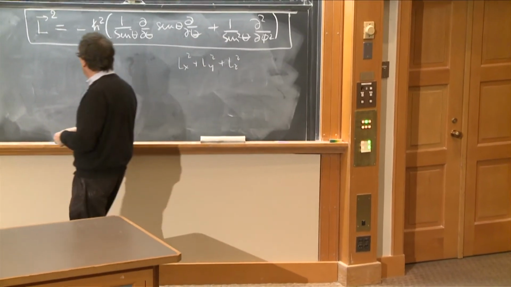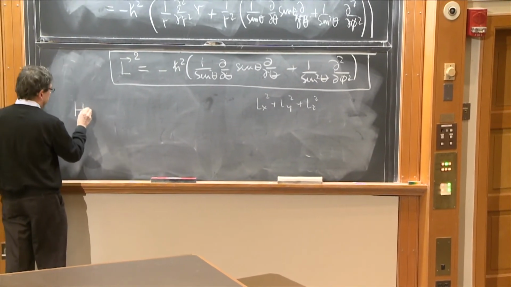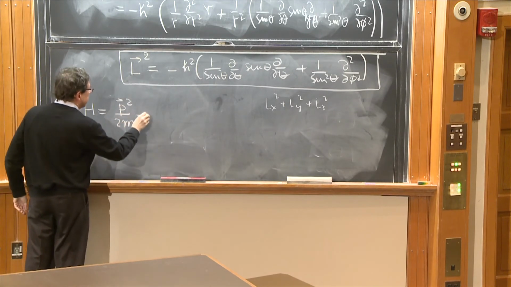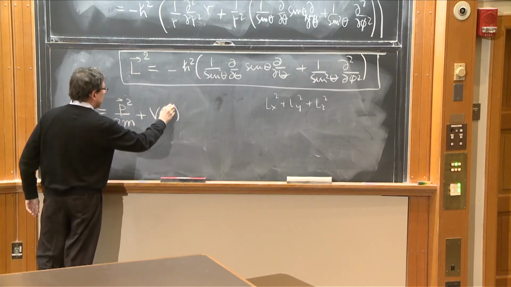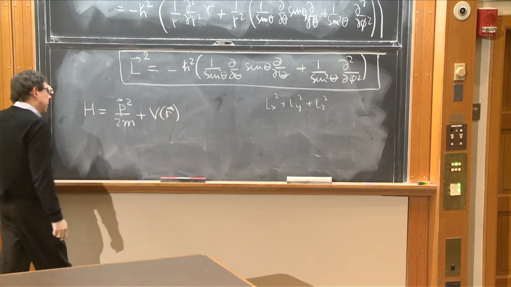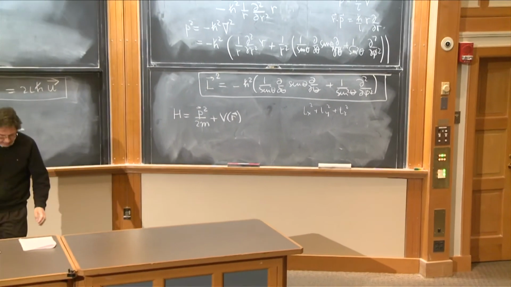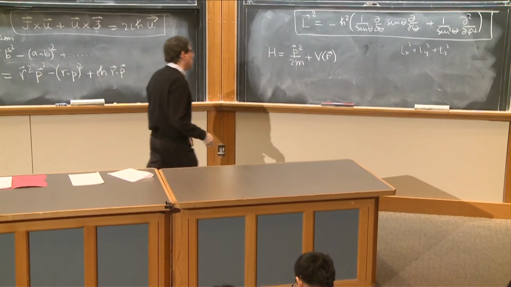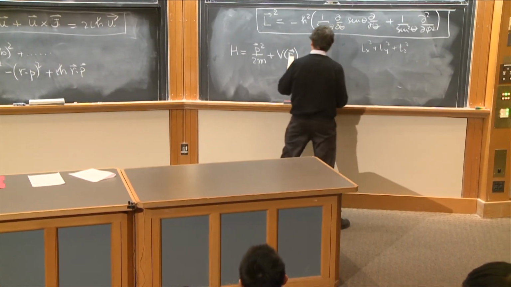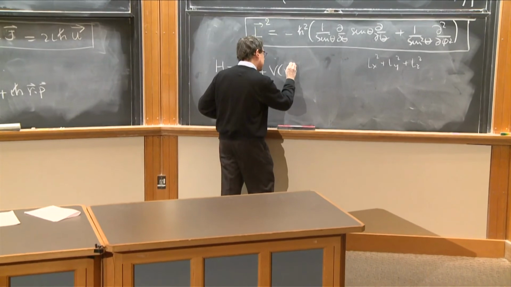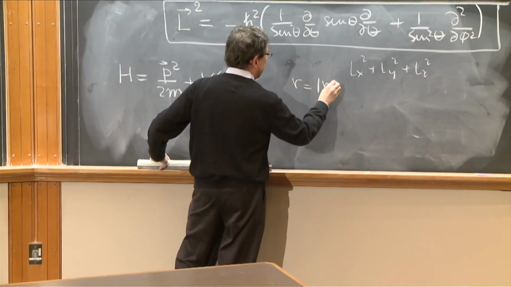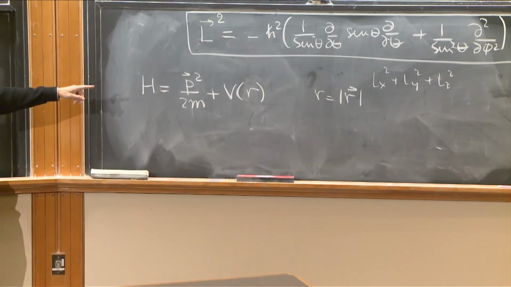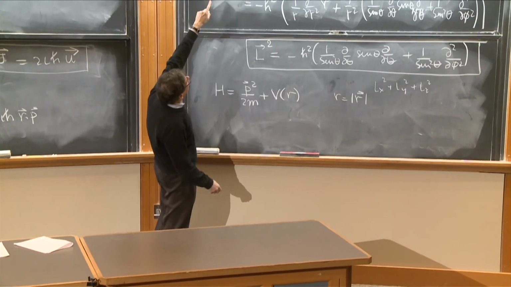The other thing that we've got is some understanding of the Hamiltonian for a central potential, what we call a central potential problem, V of r. In fact, let me just go to the central potential case, which means that the potential just depends on the magnitude of r, the magnitude of the vector r. So at this moment, you have P squared over there.